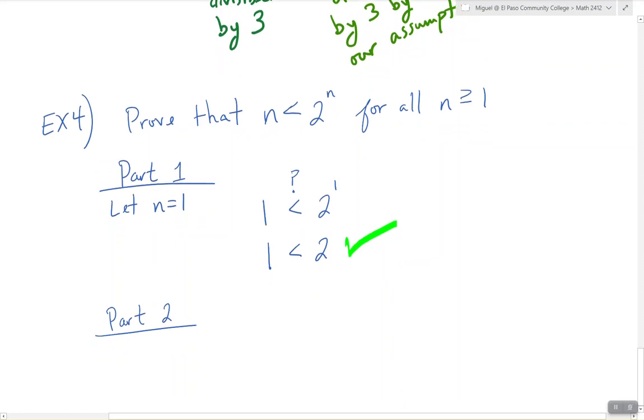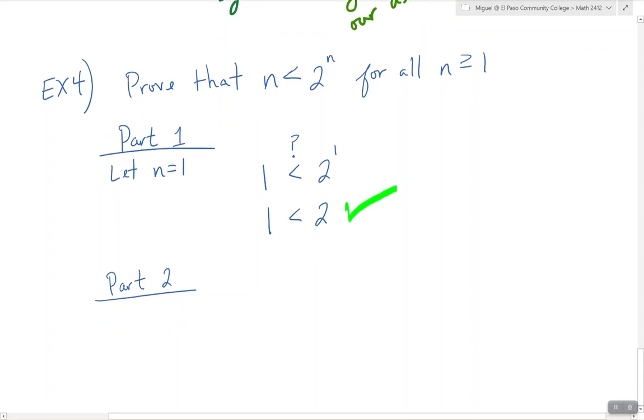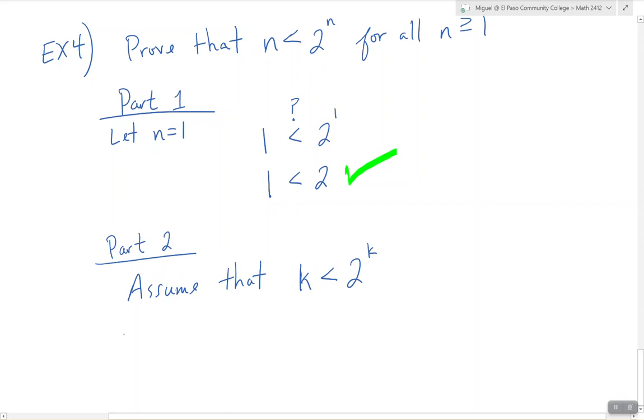So we're going to assume that k is less than 2 to the k right off the bat, right? That's our assumption for this part 2. And then we're going to show that k plus 1 is less than 2 to the k plus 1. But we need to show, and we can use that assumption, right?